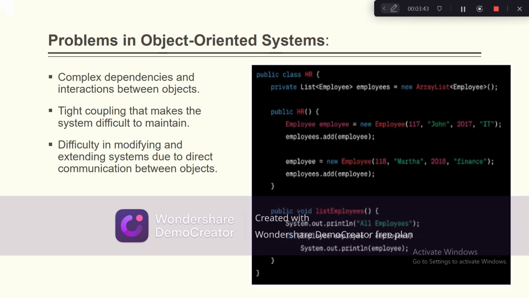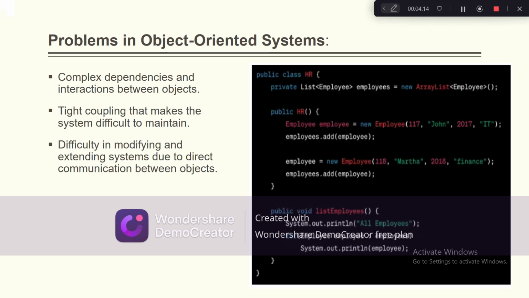This dual responsibility implies that the HR class is highly dependent on the employee class. Therefore, if anything changes in the employee class, for example, if a new field is added to the constructor, the HR class would directly be affected, and there will obviously be a need for some modifications. In this situation, many errors will occur in our code. So this is such a problematic dependency, as we can all see.